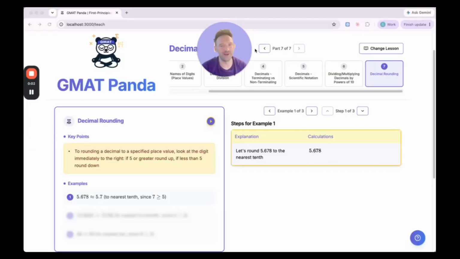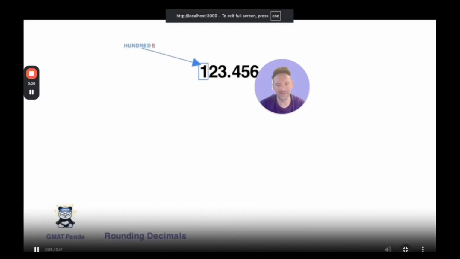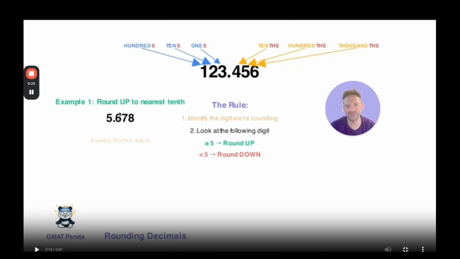Sometimes we need to round decimal numbers, and by that we mean approximate or find a number that's close, which is typically a bit simpler to deal with. So let's take an example to illustrate. Let's have a look at the number on the left here, 5.678. We already know that that number is somewhere between 5 and 6.